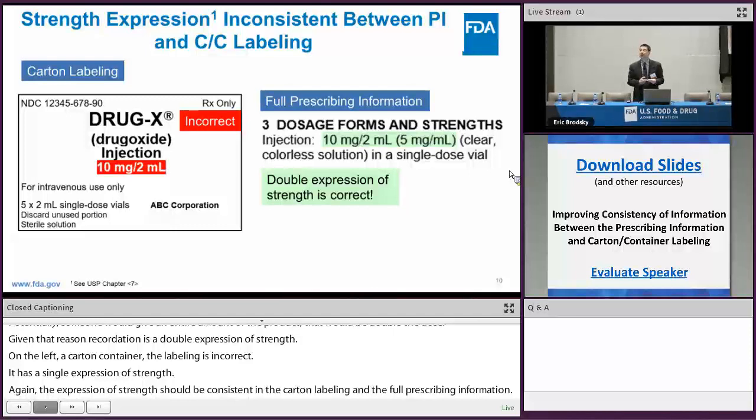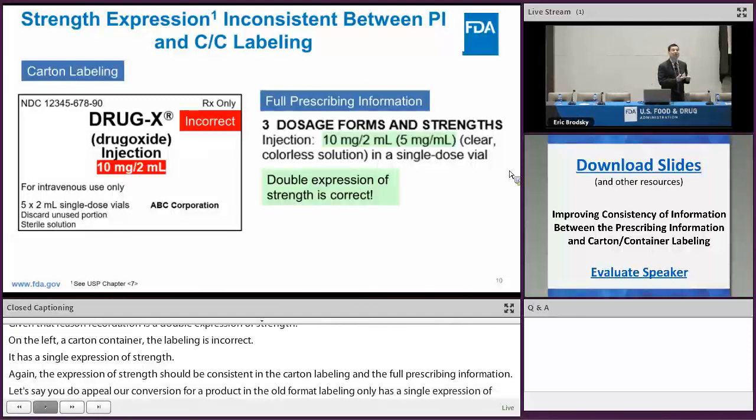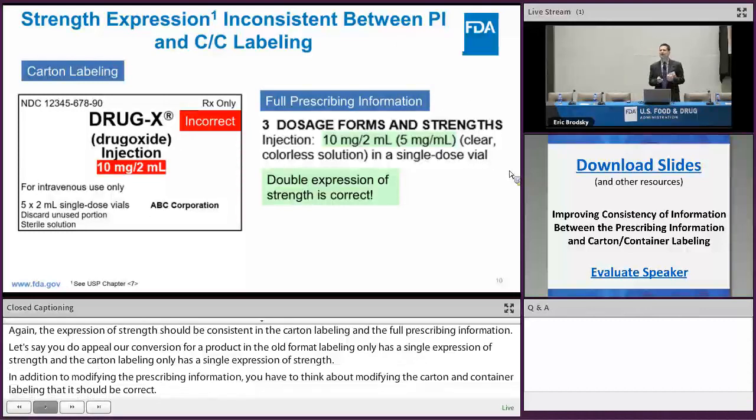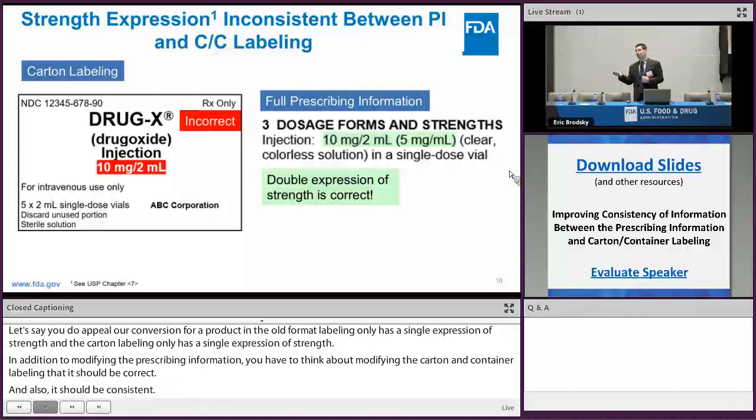In addition to modifying the prescribing information, you have to think about modifying the carton and container labeling, that it should be correct, and also it should be consistent. And recognize sometimes I'm taking an example where carton labeling is incorrect, and sometimes I'm saying prescribing information is correct. We've seen both situations. One is correct, and the other one is incorrect.